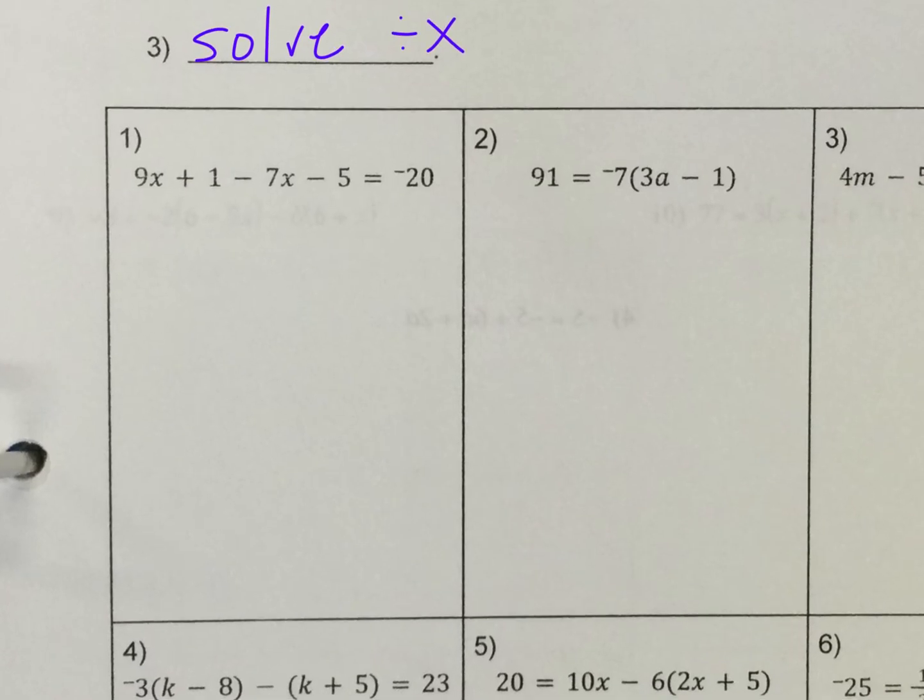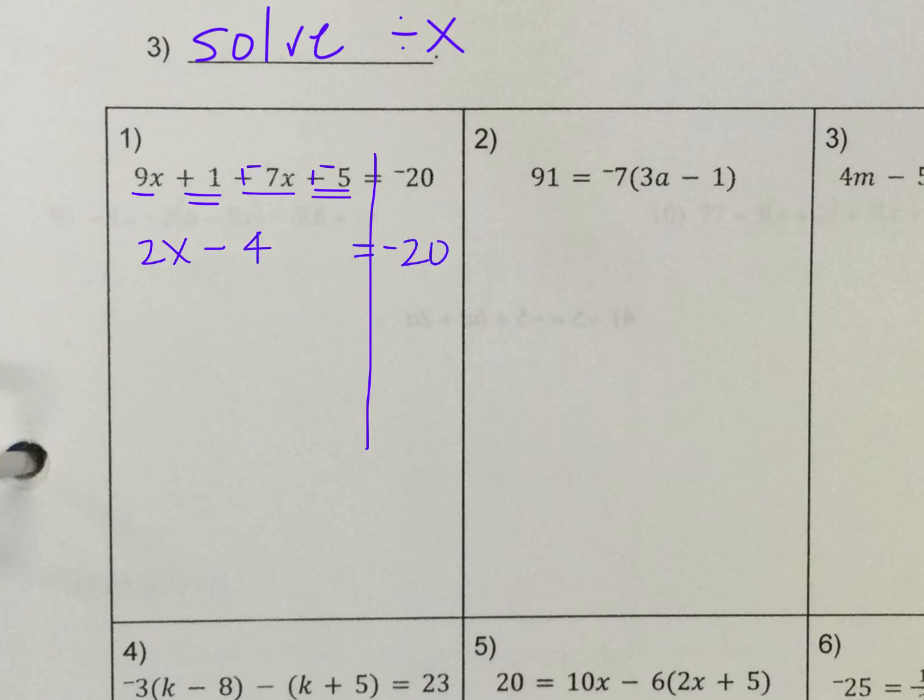So in this first one, there is nothing to distribute, so I like to make these plus negatives. So I'm going to do step 2, which is to combine like terms. 9x plus negative 7x. Old school baby math because it's on the same side of the equation. That'll be a 2x. 1 plus negative 5 would be minus 4 equals negative 20.